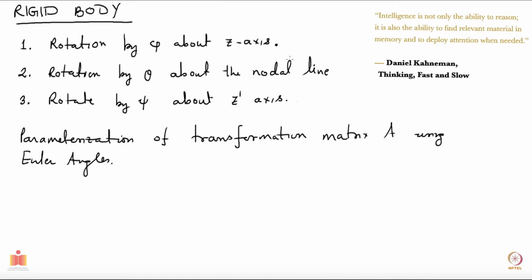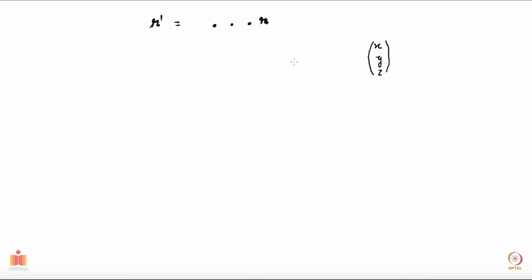Okay, so what I do is I take my x, y and z, and what should I do? Let's go back. Rotate by phi about z axis. Okay, so the rotation is going to happen about the z axis, meaning after rotation whatever I get, it should have the same value of z.